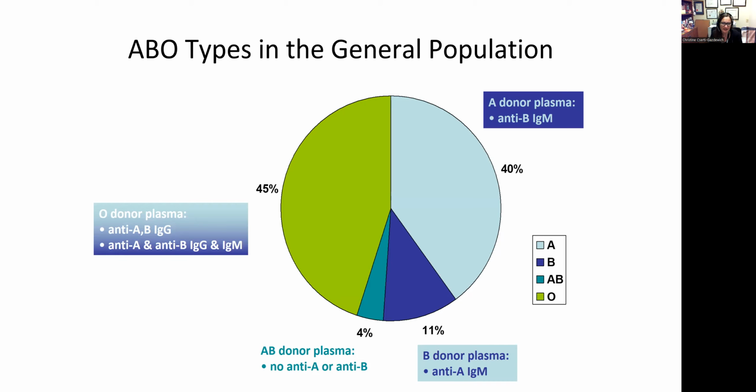These antibodies exist because we naturally make antibodies against A or B-like structures that we see in our microbiome as we get seeded in early life. So A and B antigens exist across many life forms in our evolutionary history. So even prokaryotes or the bacteria, our commensal microbiome, do carry A and B-like structures.